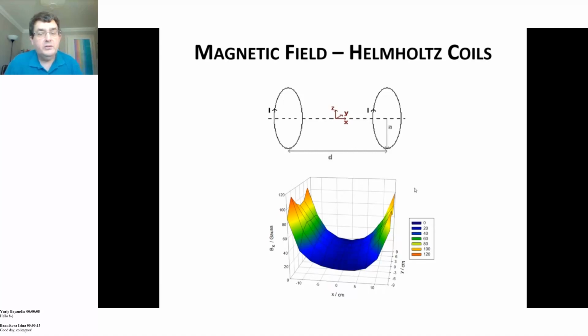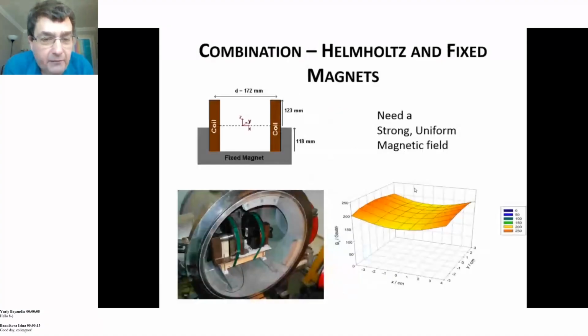Your second version involves putting in a fixed magnet, steel, and what you've got up there is an example of it, a coil with a fixed magnet. The coils act to reinforce the magnetic field of the fixed magnet. So again, careful about current flow direction. I put some dimensions on them.